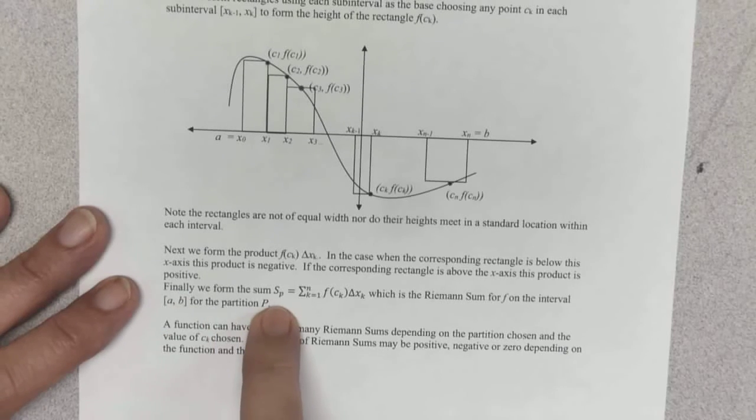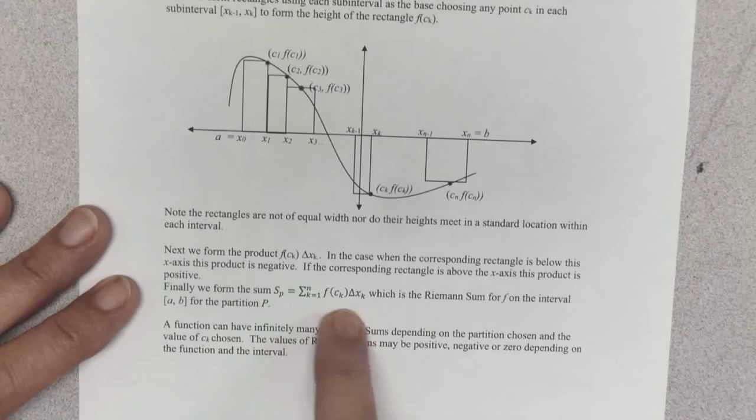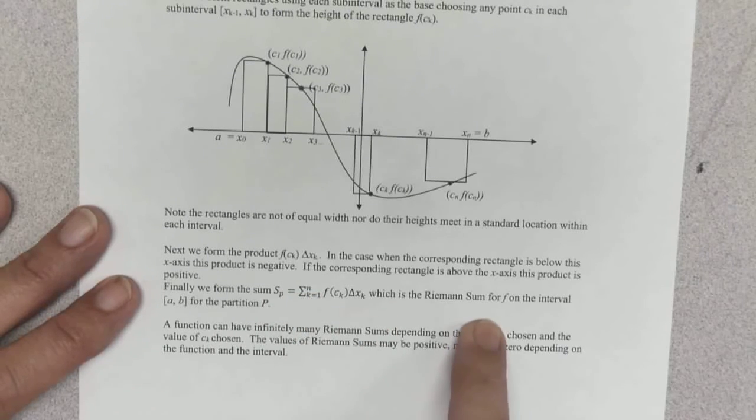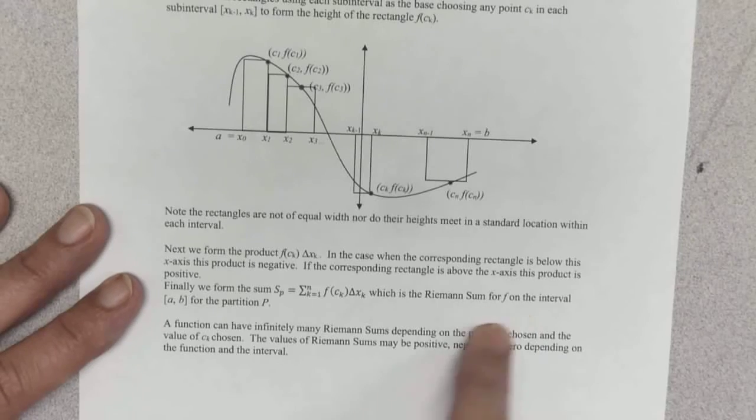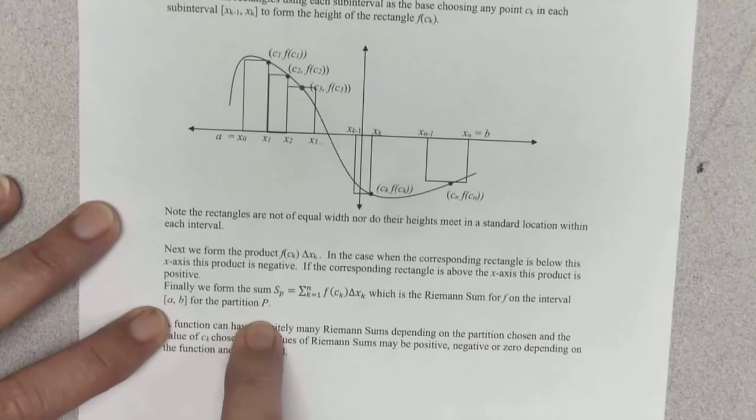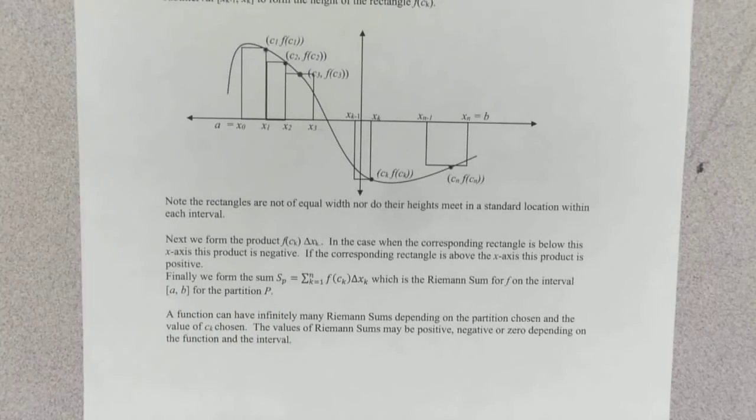Finally, we form the sum S sub P equals the summation from k equals 1 of f of c sub k delta x sub k, which is the Riemann sum for f on the interval [a, b] with partition P. So there's an official Riemann sum. But all you really need to comprehend here is it was just adding up areas of rectangles.